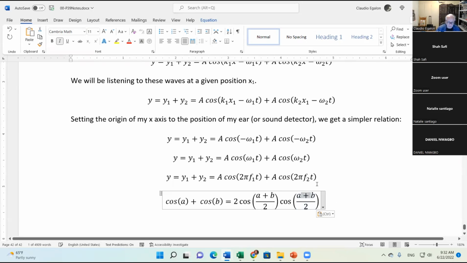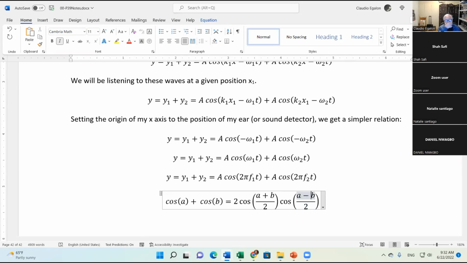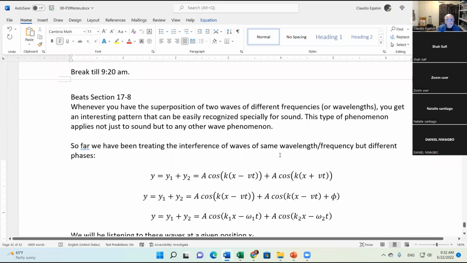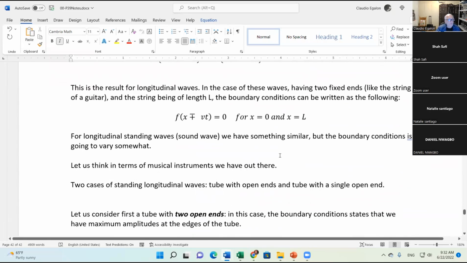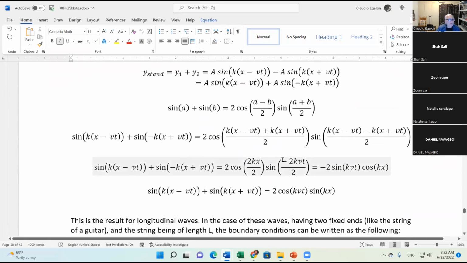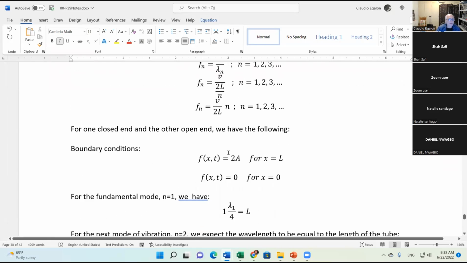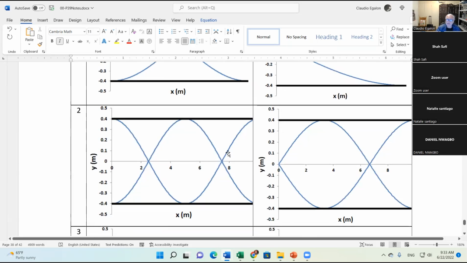It's very easy to remember. If it's cosine, you're going to have cosine and cosine here, right? If it's sine, this is slightly different, but we have sine and cosine. If it's sine A plus sine B, you have cosine and sine. If it's cosine of A plus cosine of B, you have cosine and cosine.